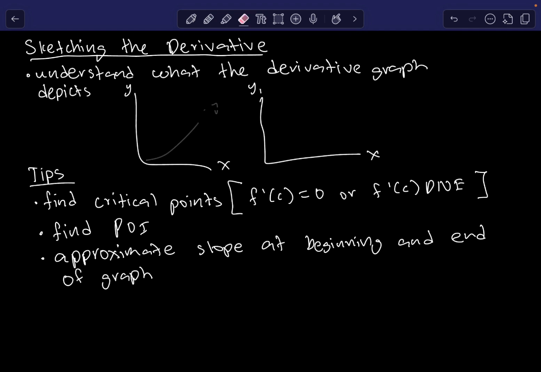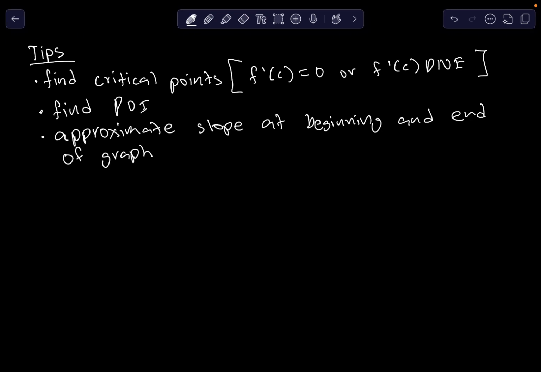So just remember that. All right, let's go over some tips right before we get into some problems in order to sketch the derivative. First, you want to find critical points, such as when our derivative value, or f prime of c, equals 0, or when our derivative does not exist. Let's go with the first one, where our derivative value equals 0.